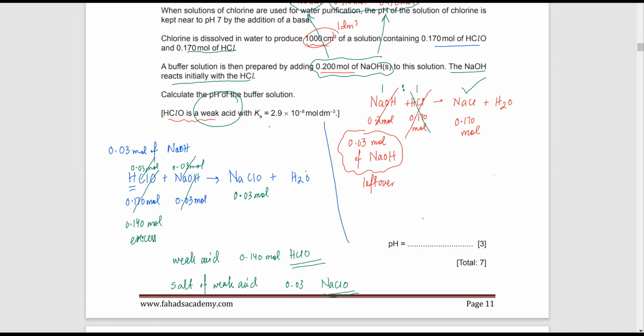Now I'm going to apply the buffer solution formula, which is that Ka is equal to the salt concentration times the H+ concentration divided by the acid concentration. The Ka value is given over here as 2.9 times 10 power minus 8.